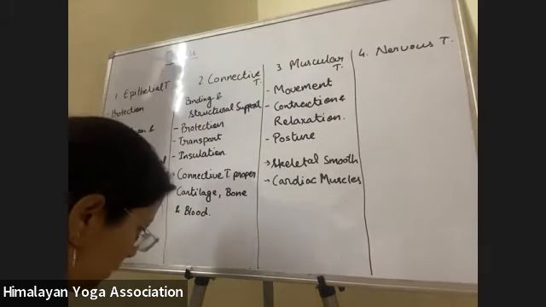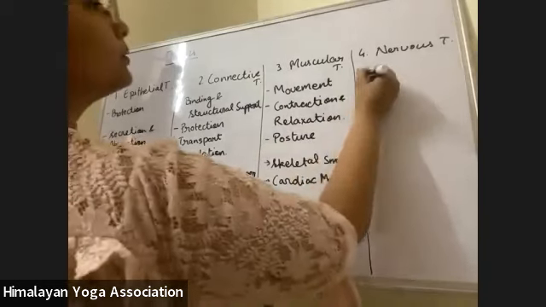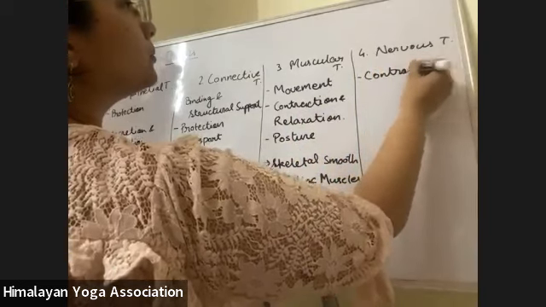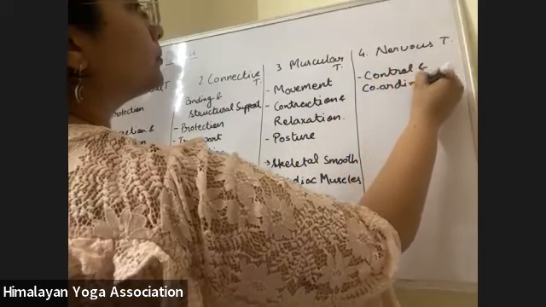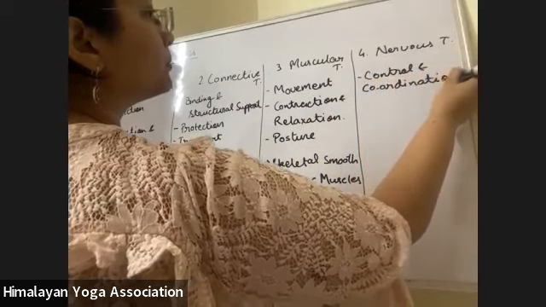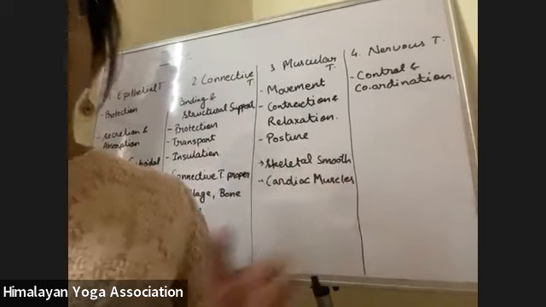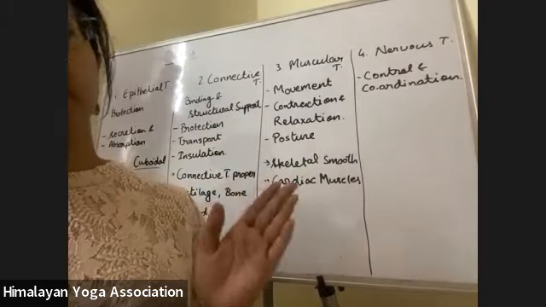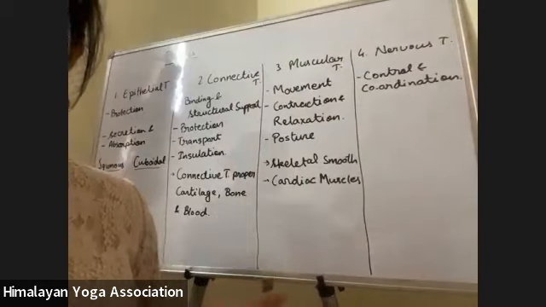In nervous tissues, what all it is doing, it is control and coordination. Yes, it is providing us control and coordination. You see, everything is controlled by brain. So nervous tissues, the neurons, they're forming nervous tissues.